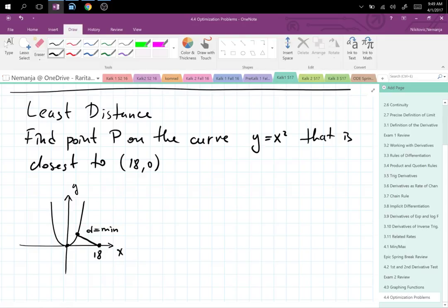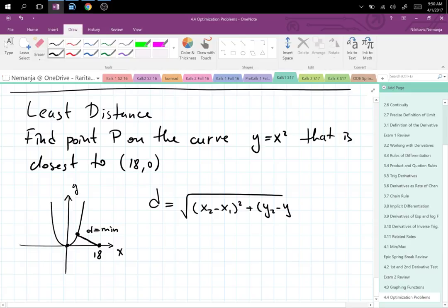So dare I say clearly, we are supposed to use distance formula between 2 points. We have a known point 18, 0, and we have unknown point x, y. So the distance formula is the square root of x2 minus x1 squared plus y2 minus y1 squared, and those x1 y1 and x2 y2 are coordinates of those 2 points.